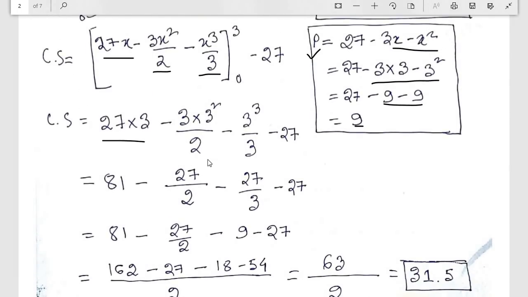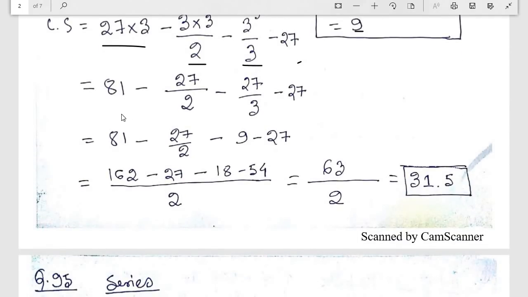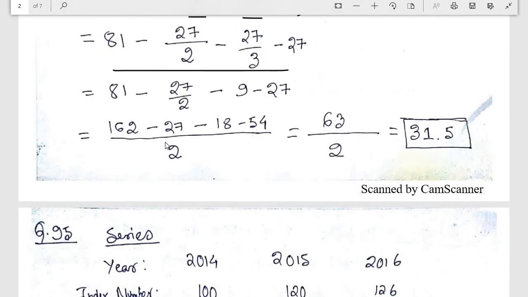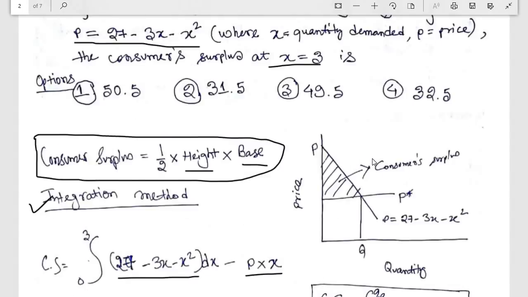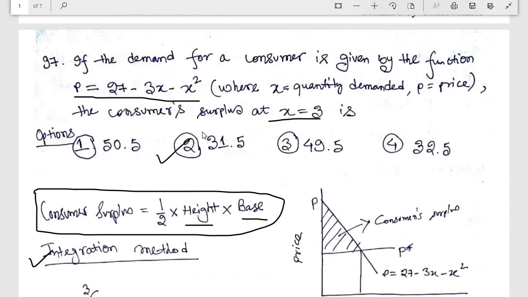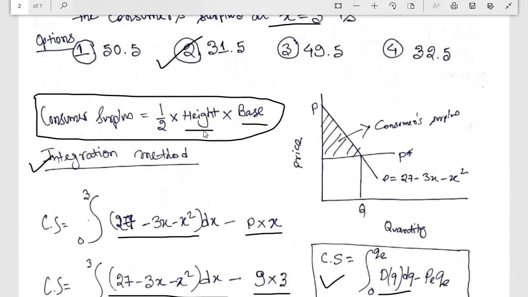When we simplify, it will become like this. We'll simplify again, and finally we will get this amount, 63 divided by 2, and we will get the answer as 31.5. So this will be the answer, right?